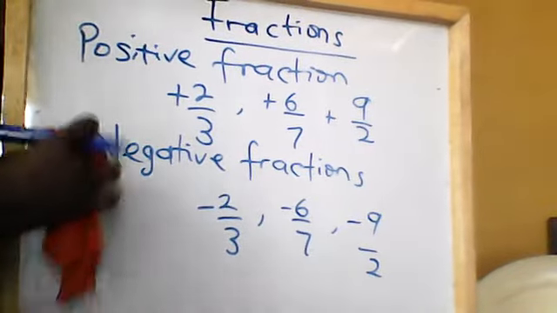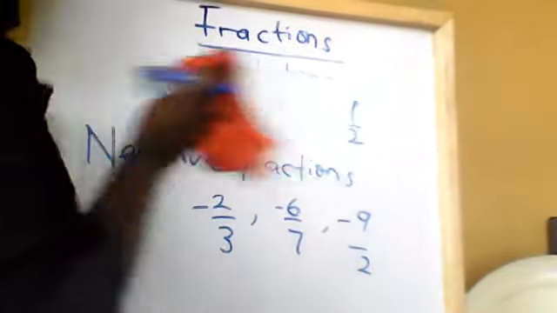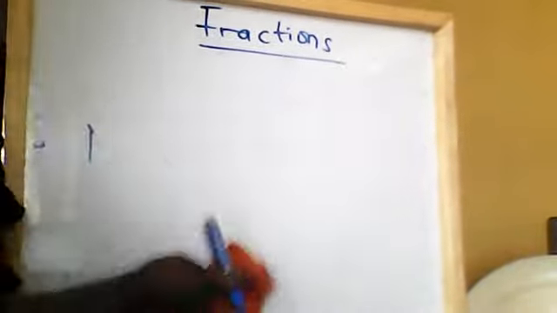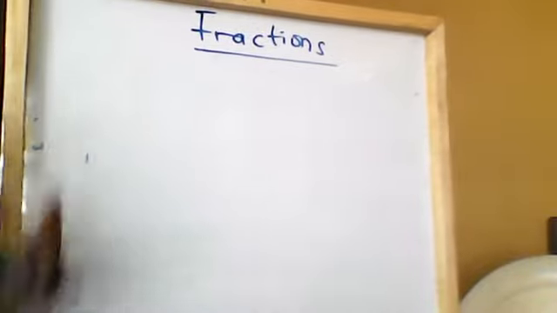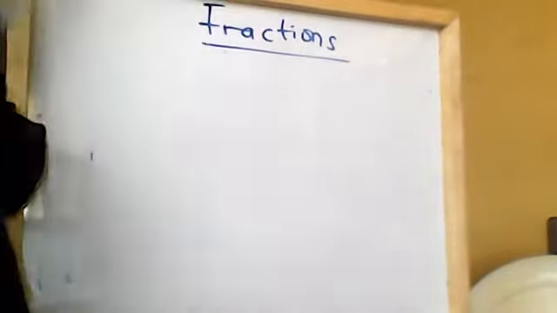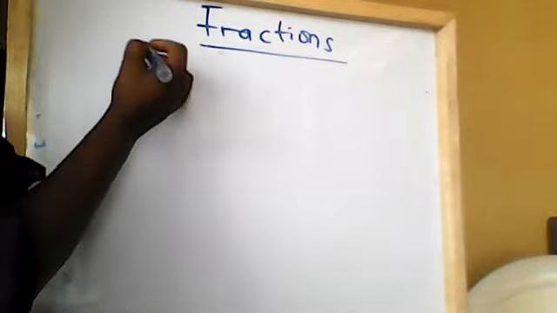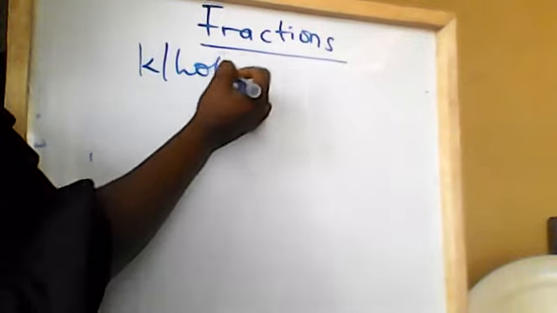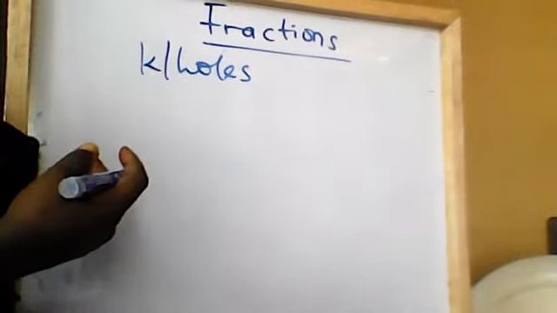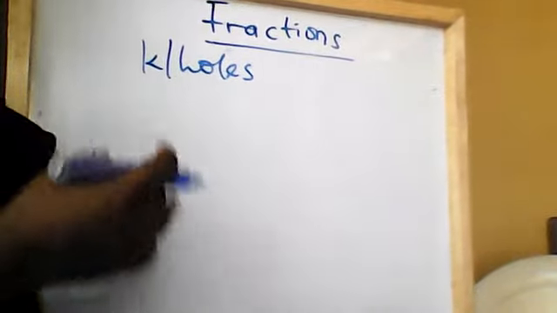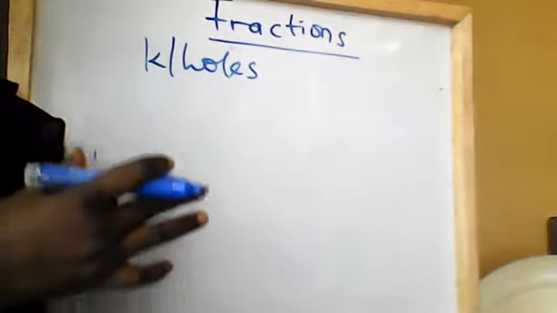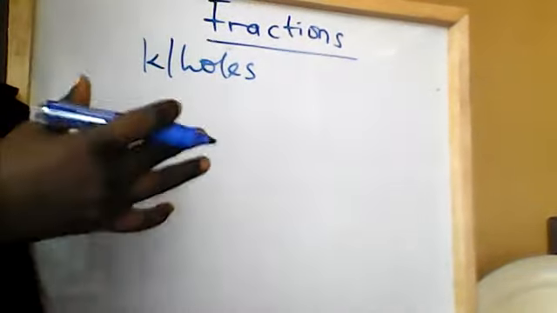Now, how do fractions come about? How are fractions created? We get fractions from wholes. Fractions are a part of a whole number or a whole object or a whole thing.